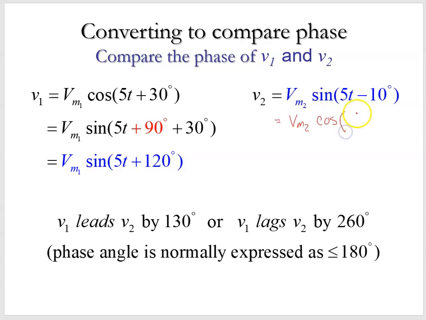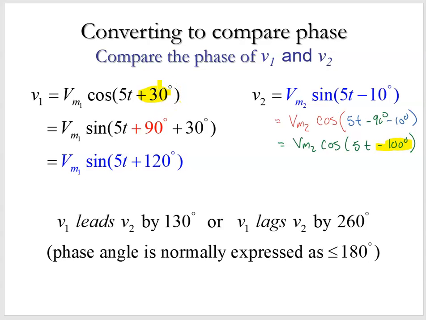By converting to cosine, we still have our 5t, we still have our minus 10 degrees, but when we converted sine to cosine, we have to subtract 90 degrees, and this ends up equaling Vm2 cosine of 5t minus 100 degrees.